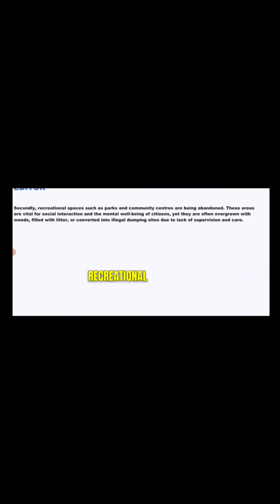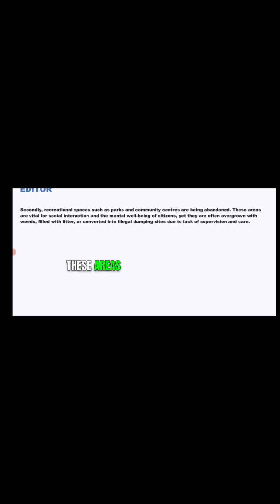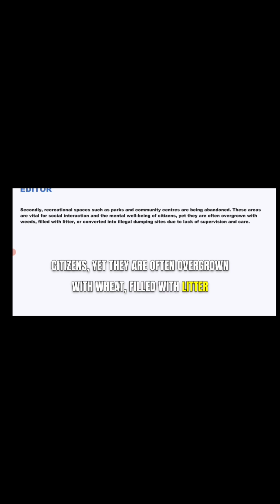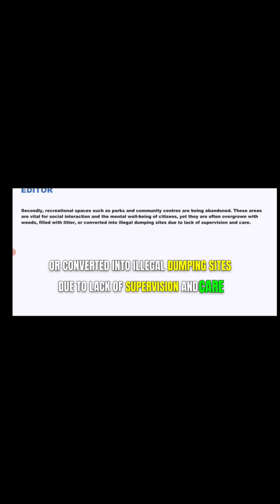Secondly, recreational spaces such as parks and community centers are being abandoned. These areas are vital for social interaction and mental well-being of citizens, yet they are often overgrown with weeds, filled with litter, or converted into illegal dumping sites due to lack of supervision and care.